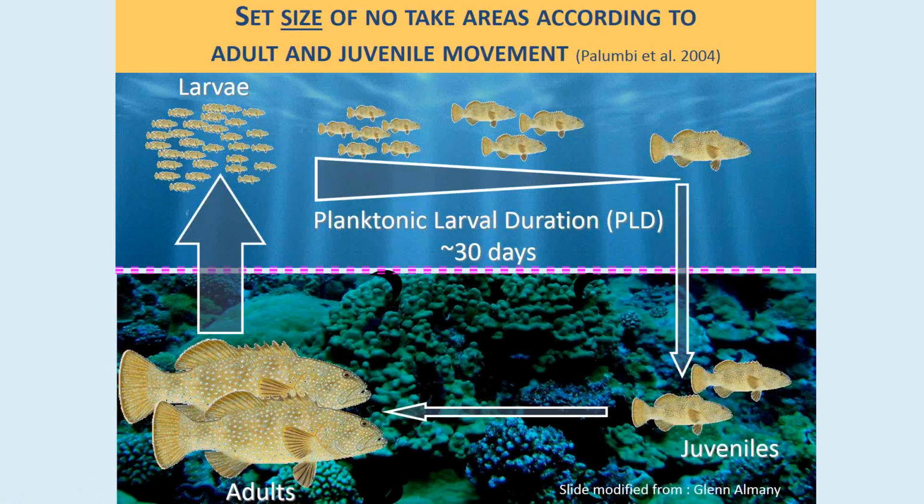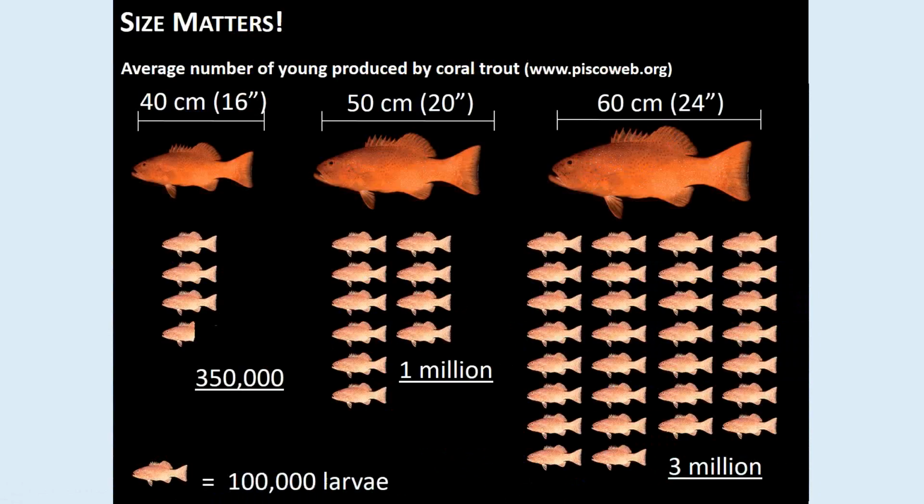Why do we want them to do that? Well, the science tells us that size really matters when we're talking about reproductive output. Once again, the coral trout, but this applies to any species you can think of. When the coral trout has just reached its reproductive life, about 40 centimetres long, every time it spawns, it provides 350,000 larvae.